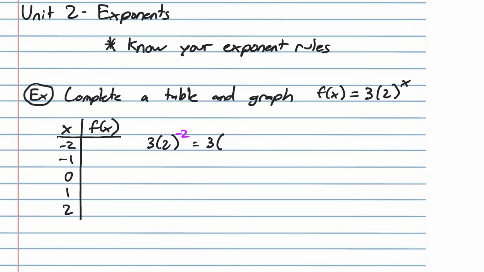That 2 is going to flip around and become 1/2, and now it's to the power of positive 2, which we can do. Okay, 1/2 squared is just 1/2 times 1/2, which becomes 1/4. And then you can multiply a whole number times a fraction. Multiply those straight across, we get 3/4. Okay, so that would be like our first point.